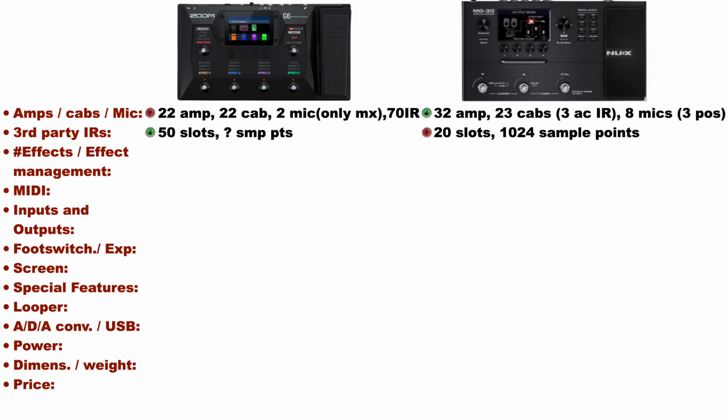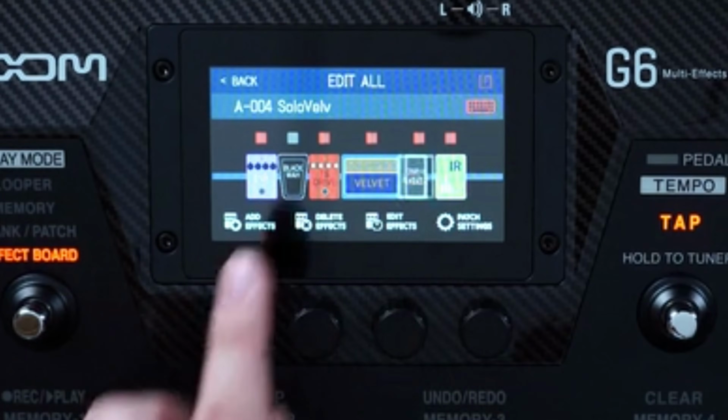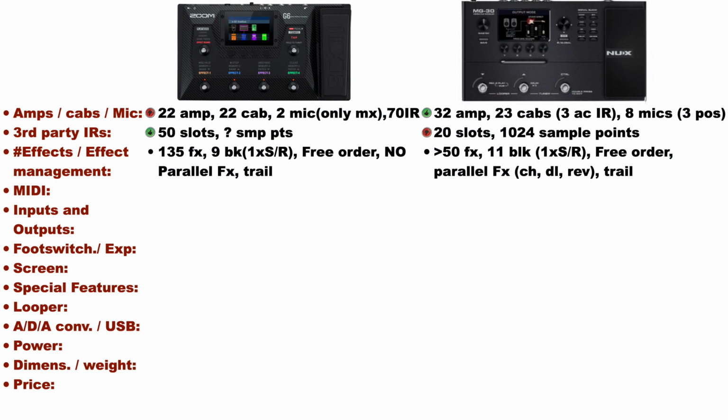Let's now talk about effects and effect chain management. In the G6 we have more than 135 effects arranged in 9 blocks, with one dedicated to the effect loop that you can arrange in any order but without parallel effects.